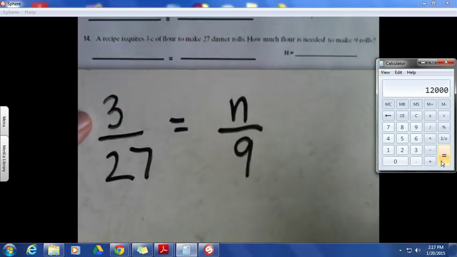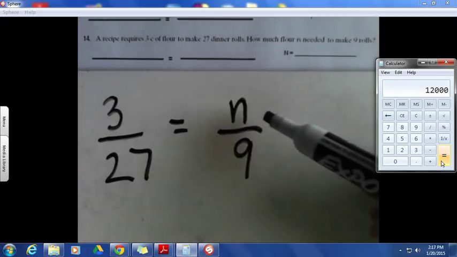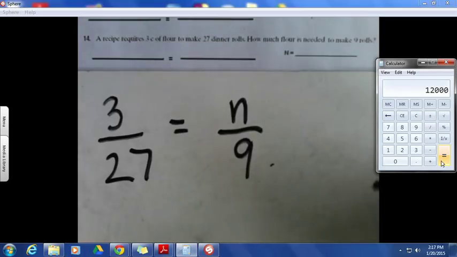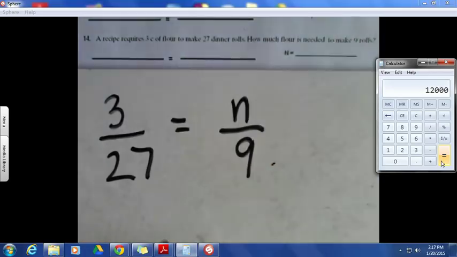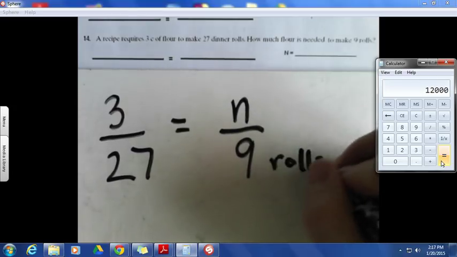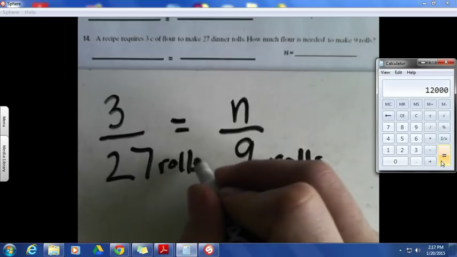So for this ratio, this is the ratio of how much flour you would need to make 27 rolls. And now we are wondering how much flour it would take to make 9 rolls. So you see that for the denominator, this number represents rolls for both fractions.